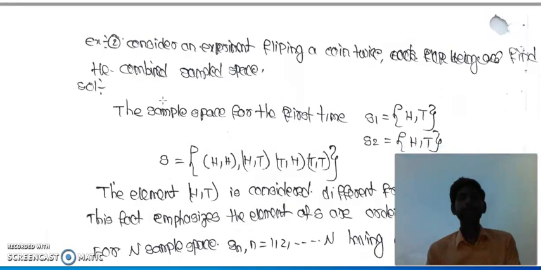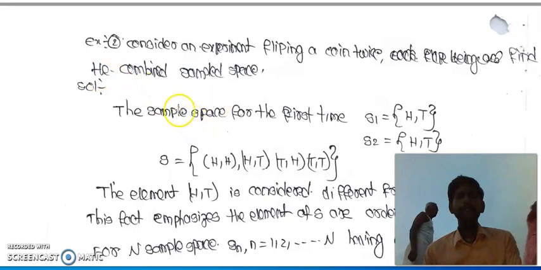The next example: consider an experiment of tossing a coin twice. Find the combined sample space. For the first toss, the sub-sample space S1 equals H, T. For the second toss, the sub-sample space S2 equals H, T. The combined sample space is HH, HT, TH, TT.